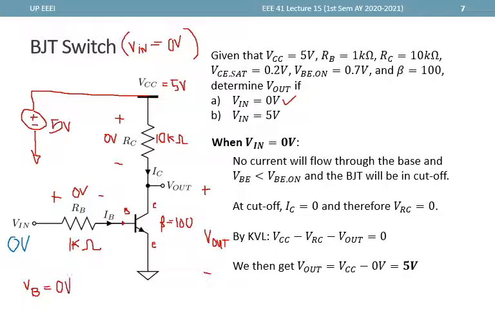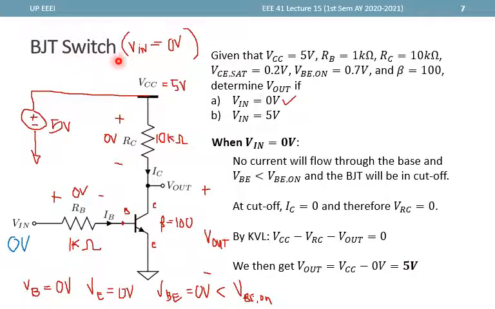And since the emitter is grounded, then the voltage at the emitter must be 0 as well. And with these two values, we get VBE is equal to 0. And since this is less than VBE on, then we have just verified that indeed the transistor is in the cutoff region. And what we get is this Vout equal to 5 volts.